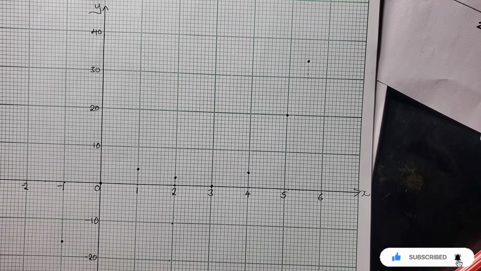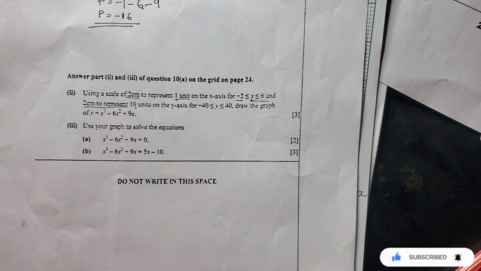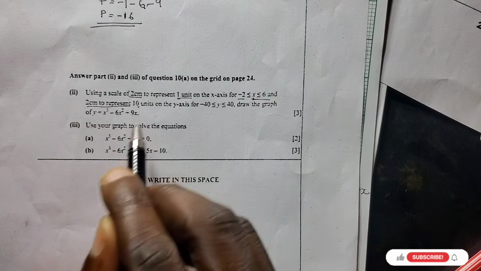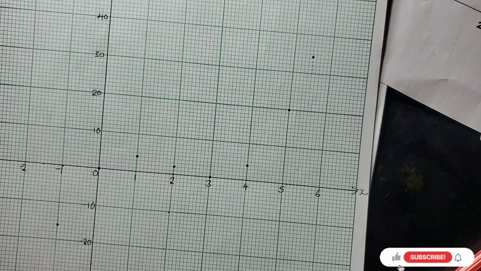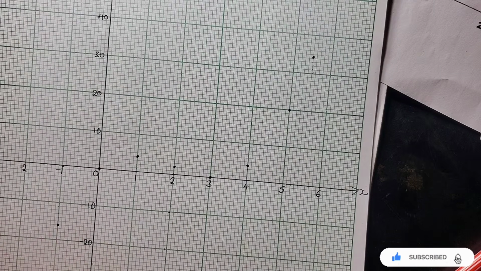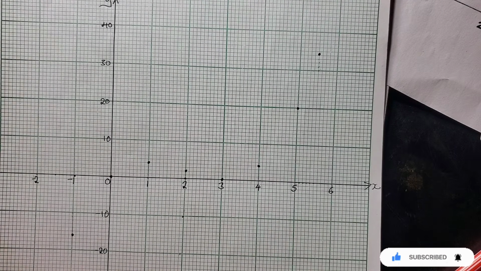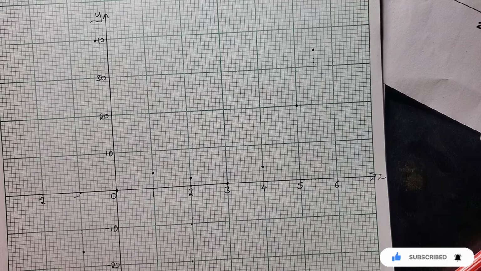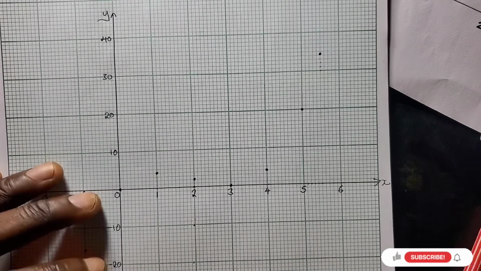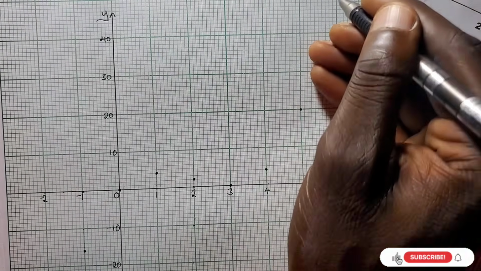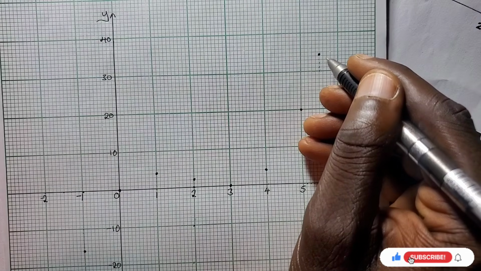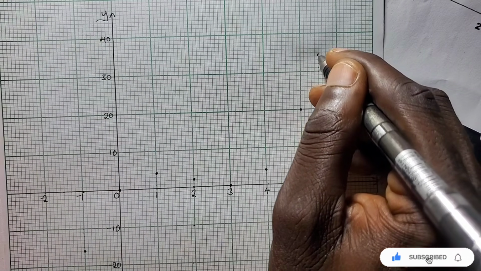So having indicated, we can just draw the graph of this using a pencil. But I'm going to use a pen here so that it is visible. You can start from any point where you are comfortable. Let me start from this point.